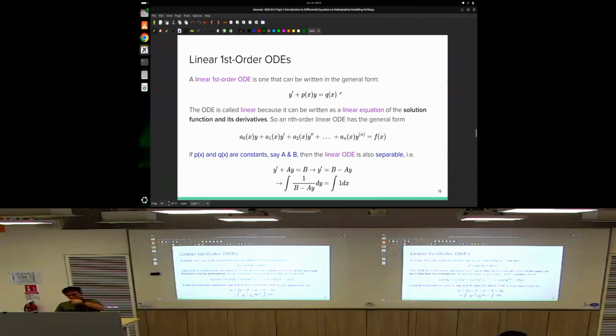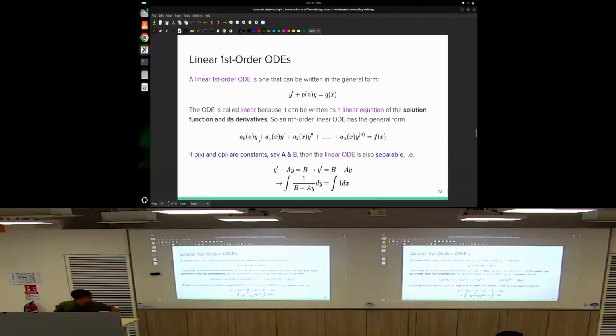Why is it called linear? It is linear because it can be written as a linear combination of y and its derivatives. Generally, a linear nth order ODE has this form: a function of x times y, plus another function of x times y prime, plus another function of x times y double prime, and so on, until the nth derivative, then equals another function of x, a standalone function of x on the right hand side.